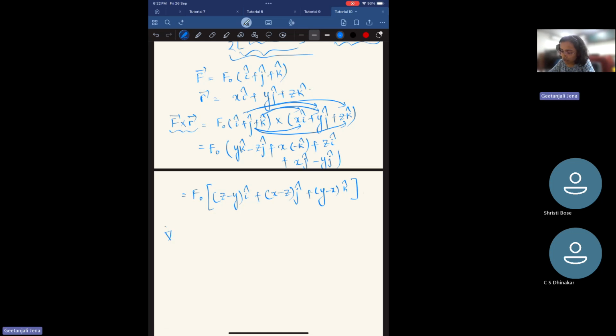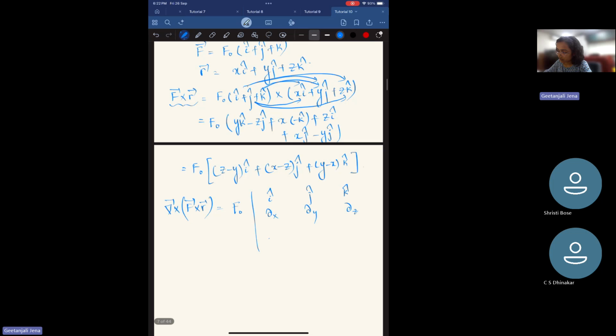So further, if you take the curl, it's quite easy. This will give F0. Let us take this determinant form: i-hat, j-hat, k-hat, del x, del y, del z, and this is z minus y, x minus z, and y minus x.